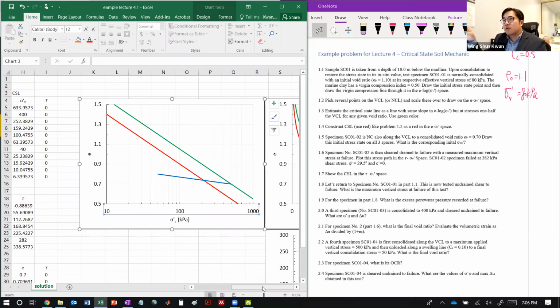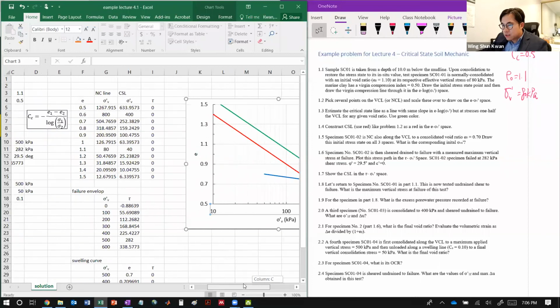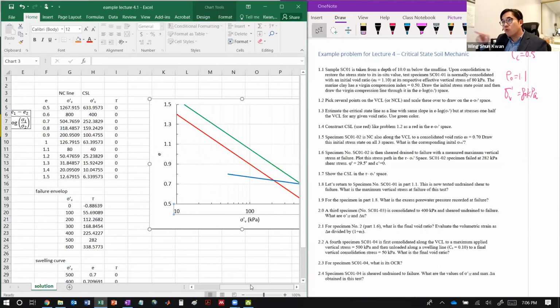In practice, to find this out you need to do some advanced laboratory testing to find the ratio, because the two lines are parallel, so the difference between the two is always a ratio. But it costs money, and when you become the engineer, you need to convince the client to pay for it so you can find the ratio. This is related to the Su over vertical stress ratio.